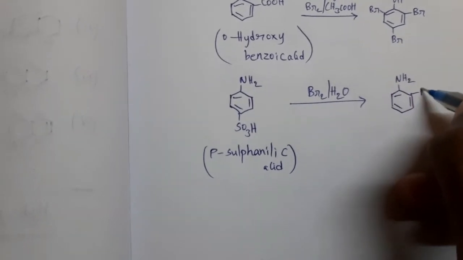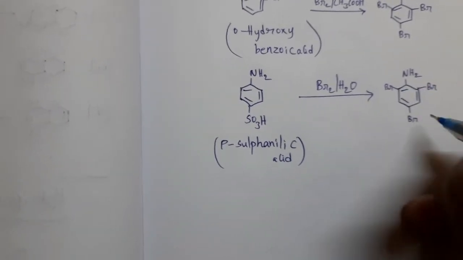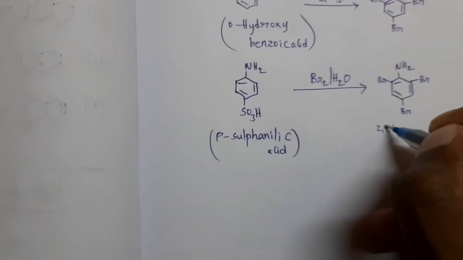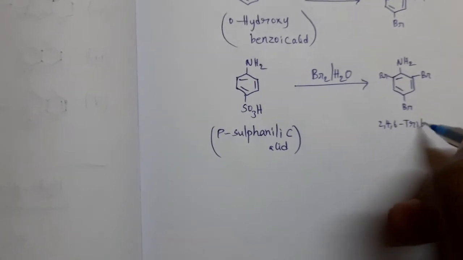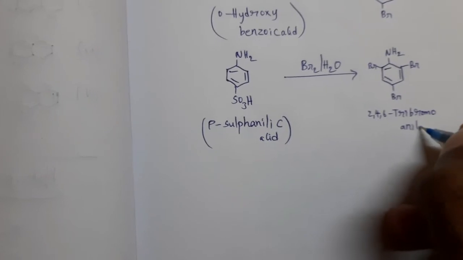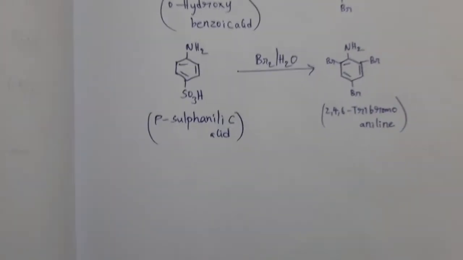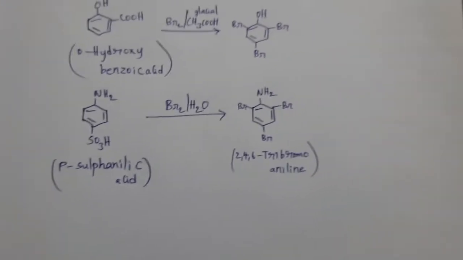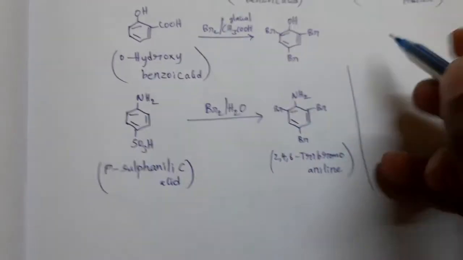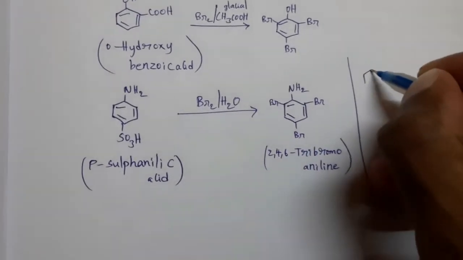NH2, Br, Br, Br. 2,4,6-tribromoaniline. Now see here, ortho substituted aniline.